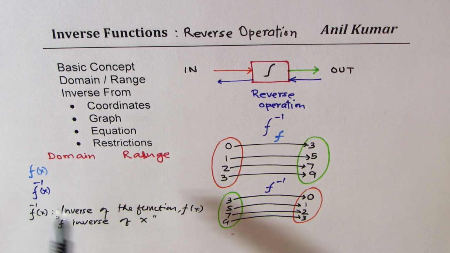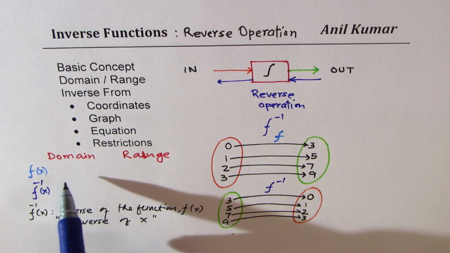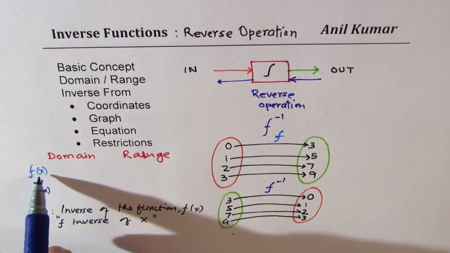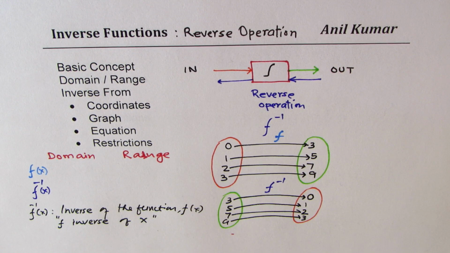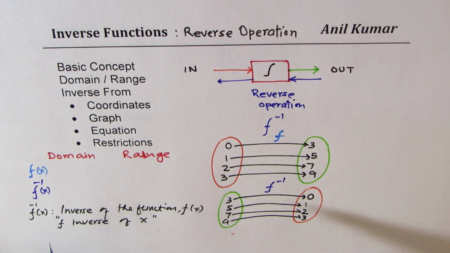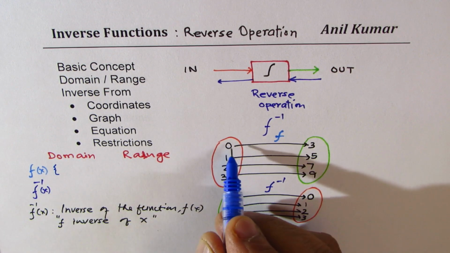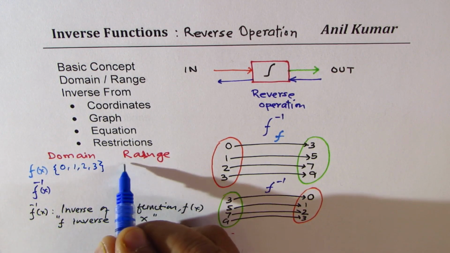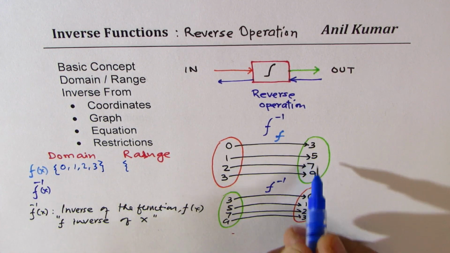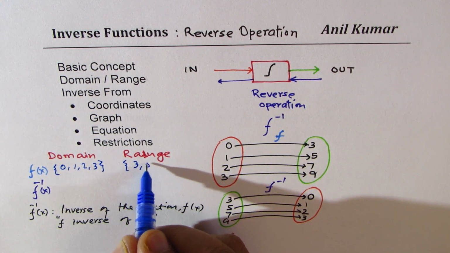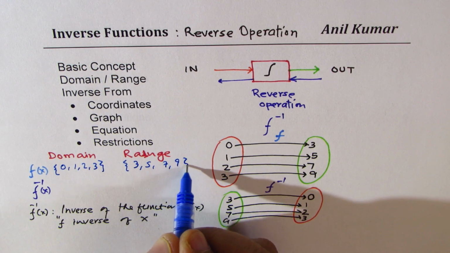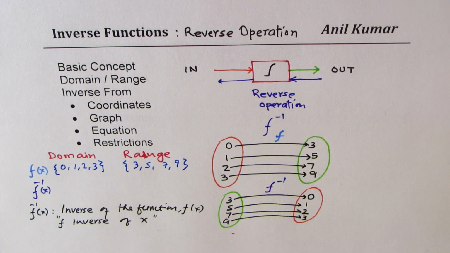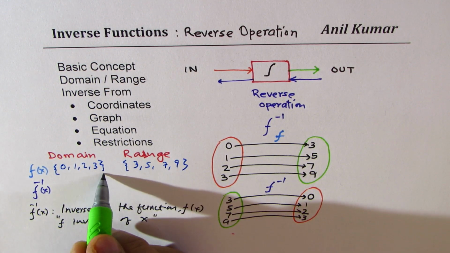What you notice here is that the domain of the function was, in our case, the mapping diagram which we have taken, 0, 1, 2, 3, and the range was 3, 5, 7, 9. For the inverse function, they switch.